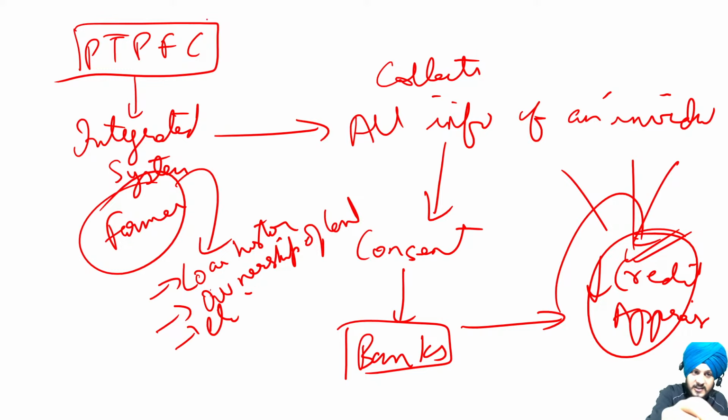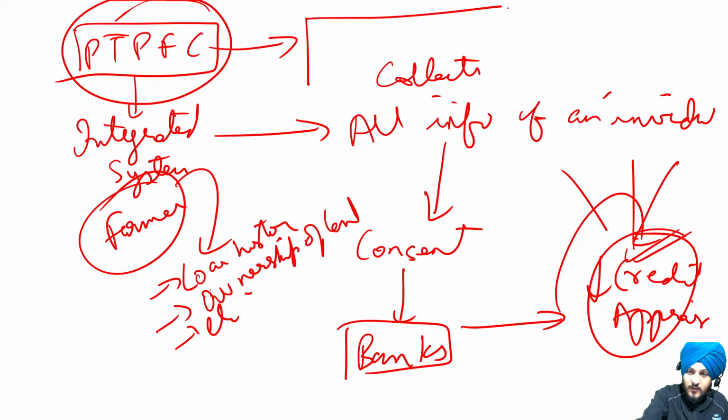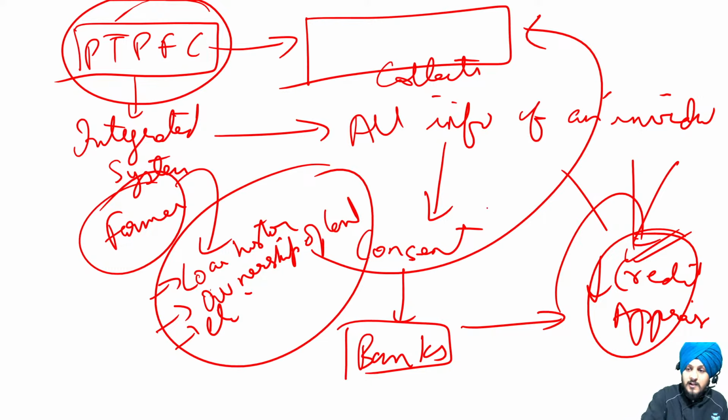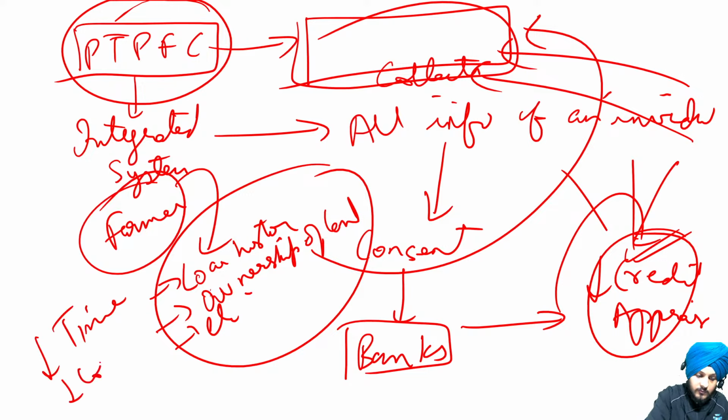Now this public tech platform for frictionless credit is one integrated platform where all this information will be available. And lenders can go to this platform and get this information collected, and this will reduce the time and the cost of the bank and will improve the loan disbursal process.